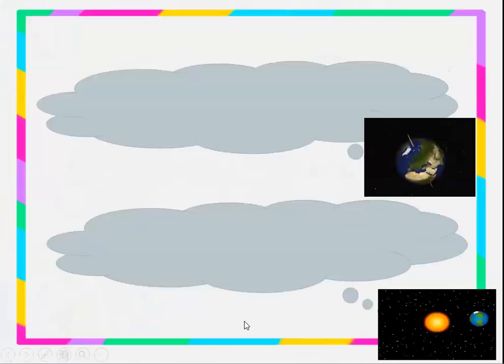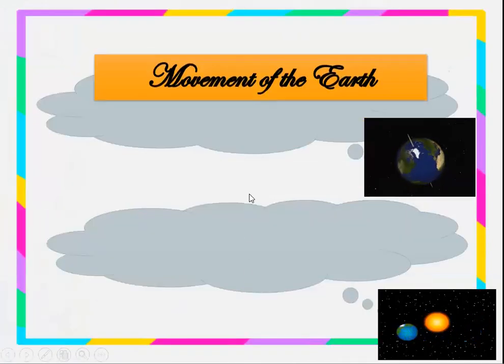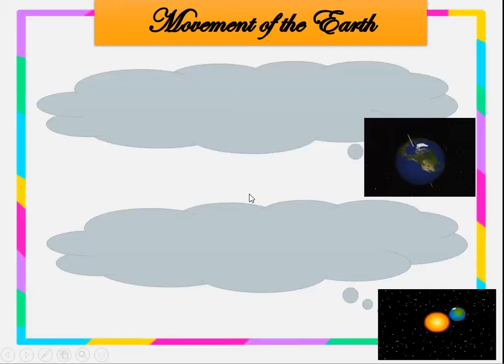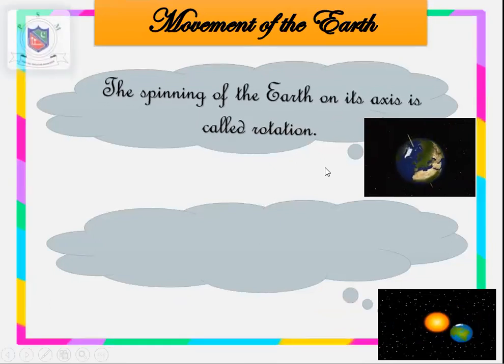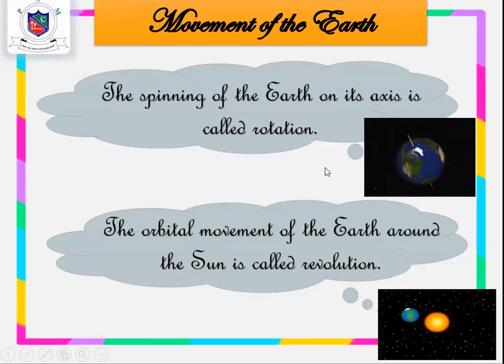Movement of the earth. Students, we witnessed two movements of the earth. One is on its axis and one is around the sun. When it is moving on its axis, that movement is called rotation.